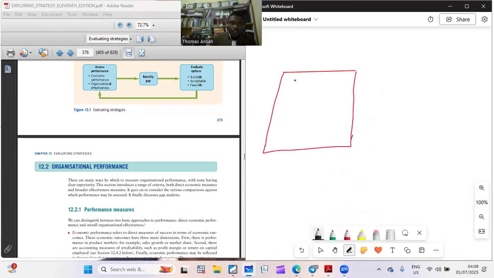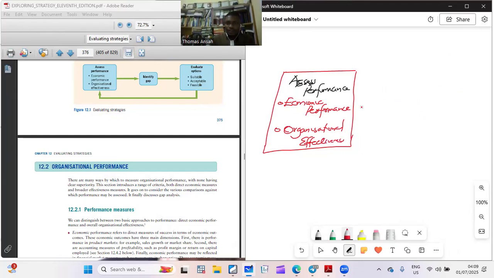So in here, I have assess performance. And when you are assessing the performance, you assess the economic performance and organizational effectiveness. And we are going to use models for that.